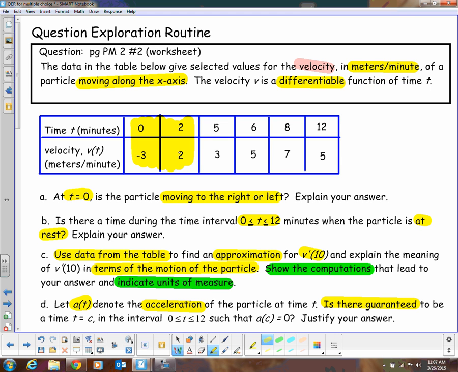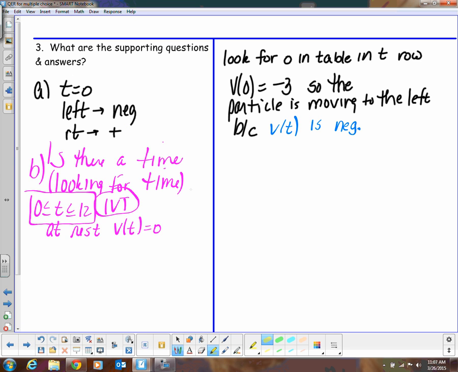Negative velocity, positive velocity, differentiable, meaning continuous, therefore what must be true? Okay, so is there a time? We would say yes on 0 to 2. So on the time interval 0 to 2, V of t equals 0, and I would put particle at rest.